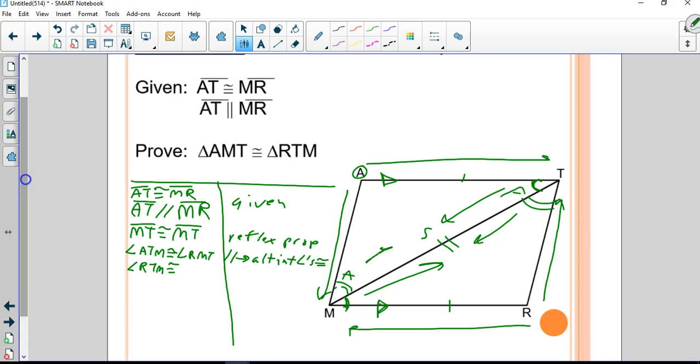So starting at A and Highway 2. So AMT. And again, you can do that because it's alternate interior angles. And now at this point, we can say that our triangle AMT is congruent to triangle RTM by ASA.